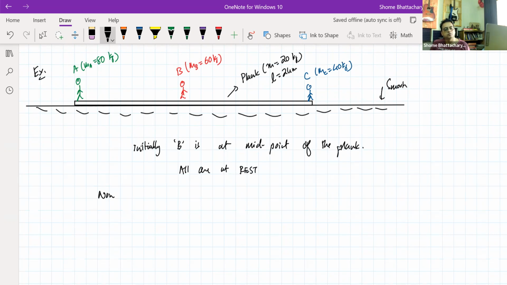Now, after some time, A moves to the other end of the plank. C moves to the midpoint.